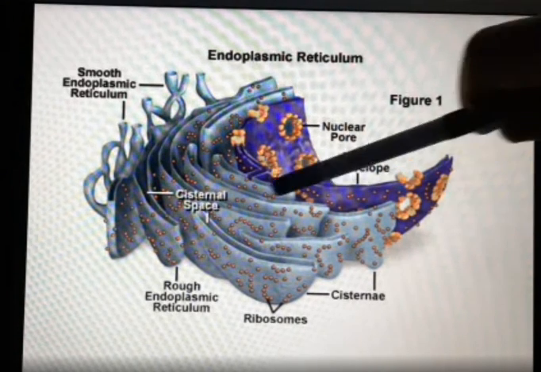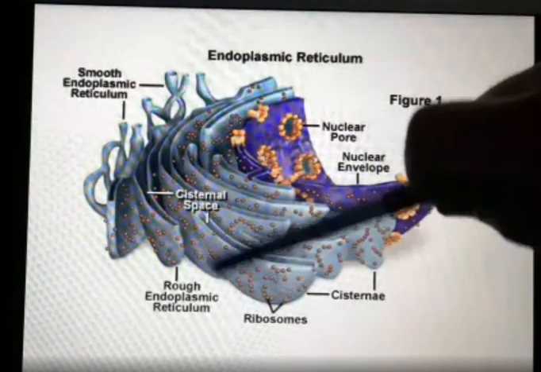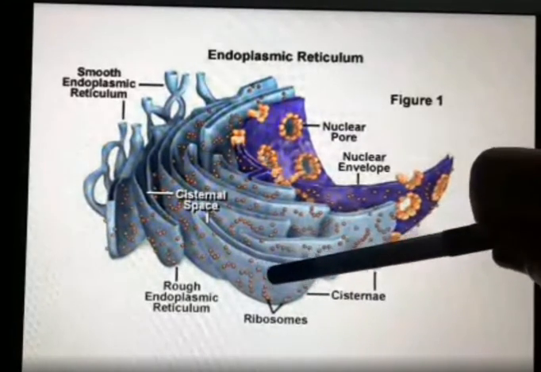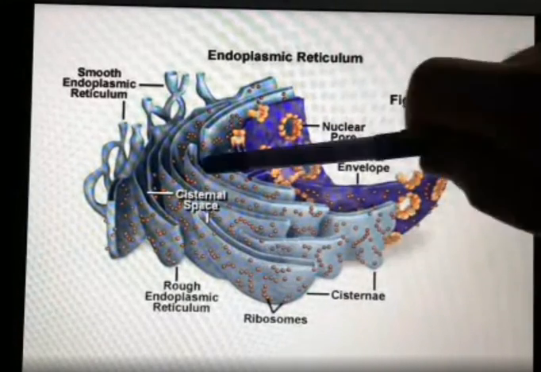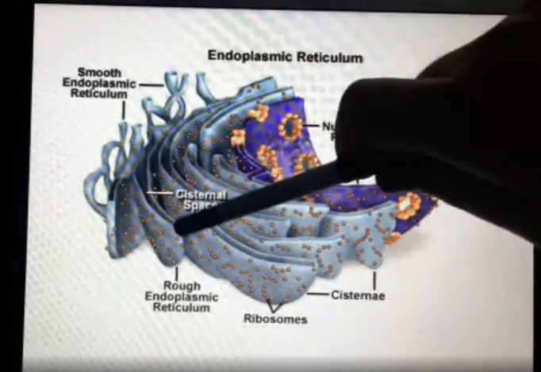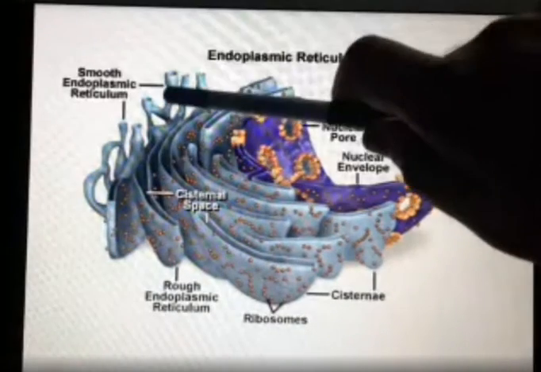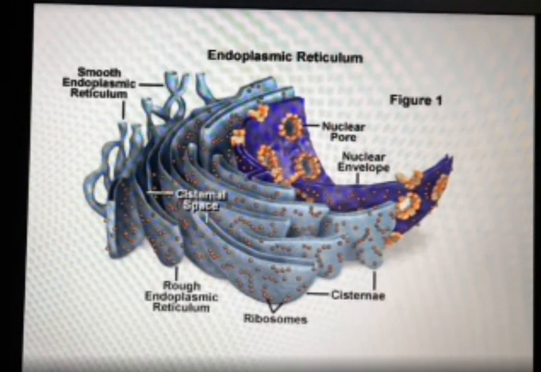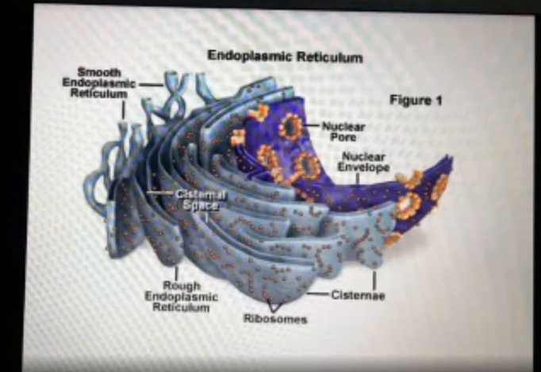Even in this endoplasmic reticulum, you can see certain areas composed of dot-like structures. These are the ribosomes, so this is called the rough endoplasmic reticulum. But at the same time, certain projections were also there without the presence of ribosomes, and they were considered the smooth endoplasmic reticulum.